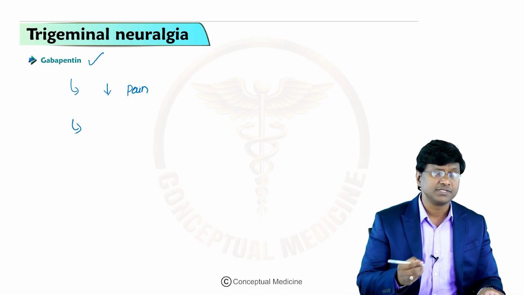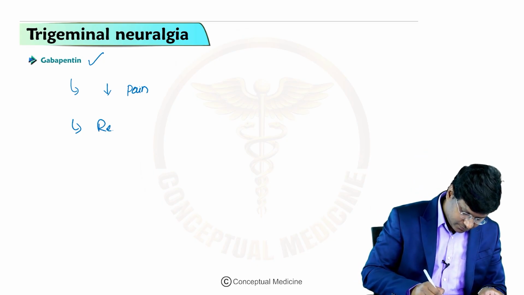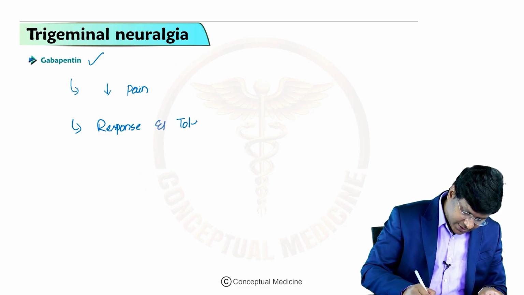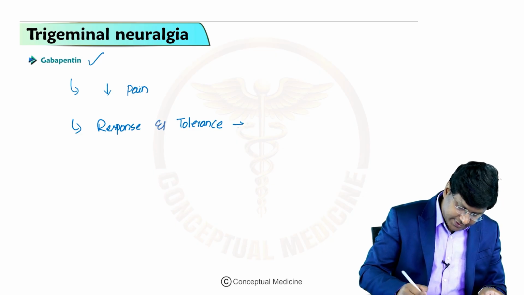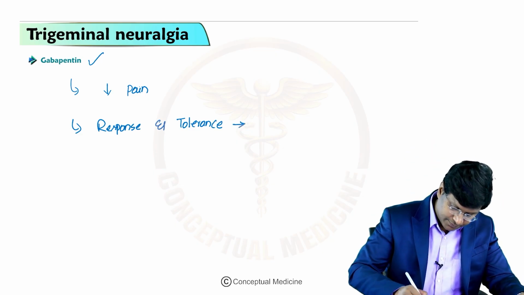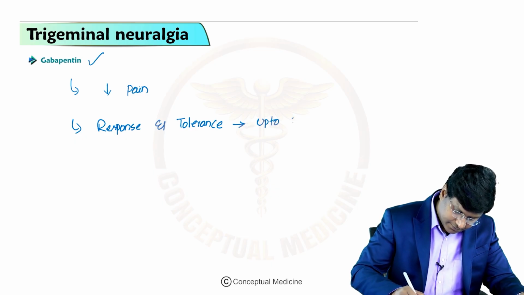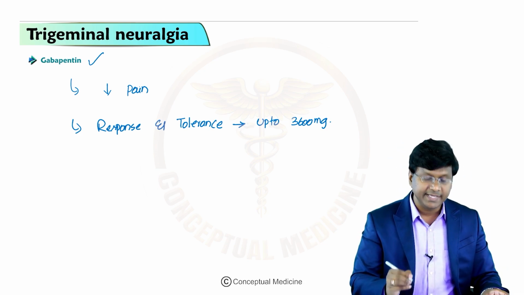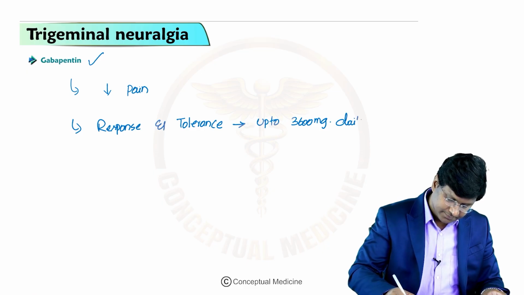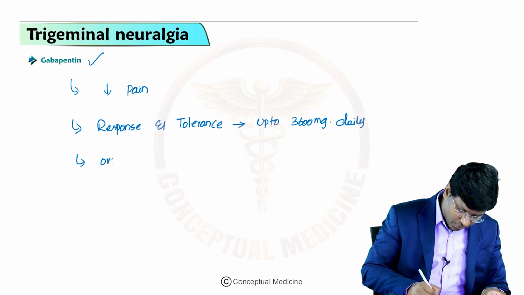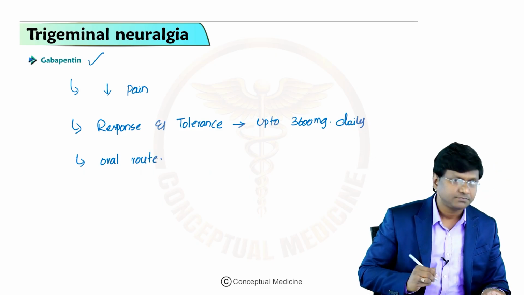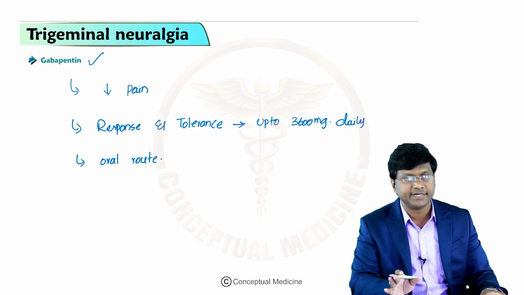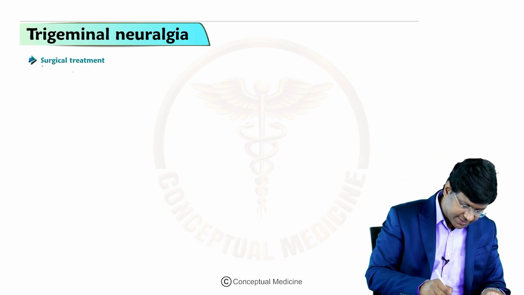Depending upon the response and tolerance, the dosage of gabapentin can go up to 3600 milligrams daily, given through the oral route in divided doses. Now coming to the surgical treatment.